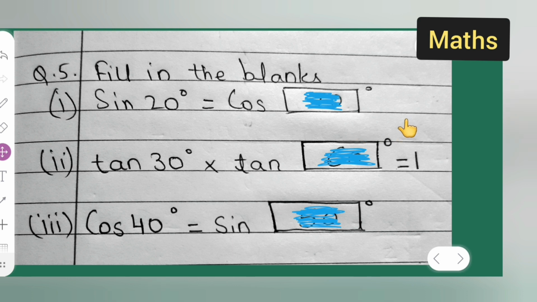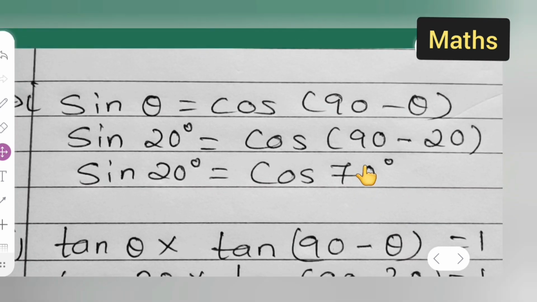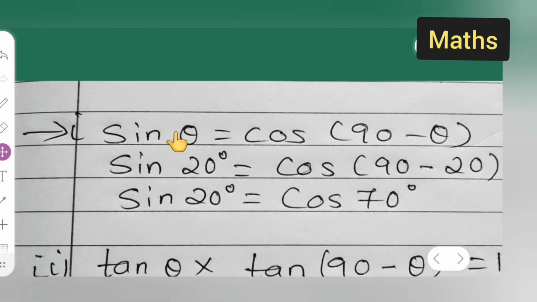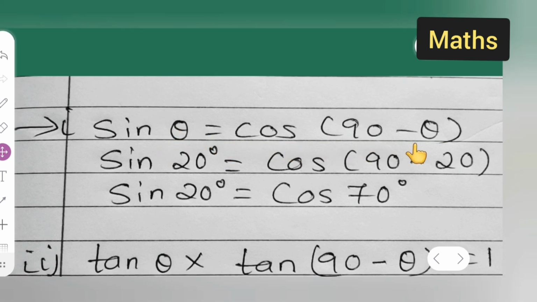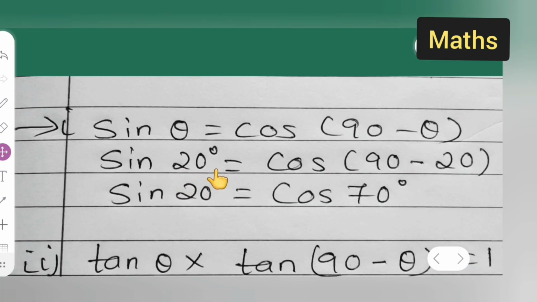Now here you can see filling the blanks. Sin 20 degree is equal to cos of dash degree. For that we need to use a formula: sin theta is equal to cos of 90 minus theta.